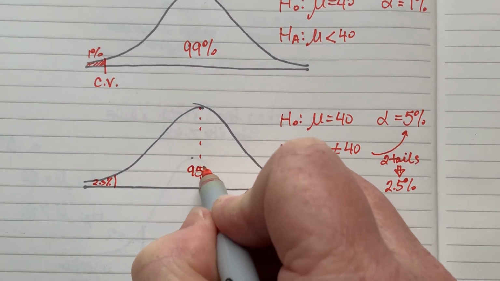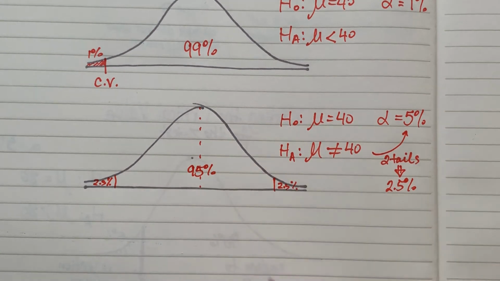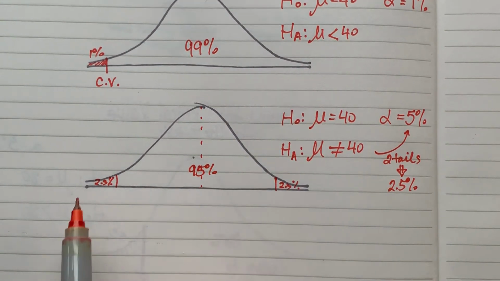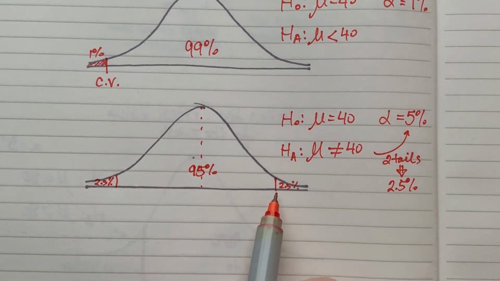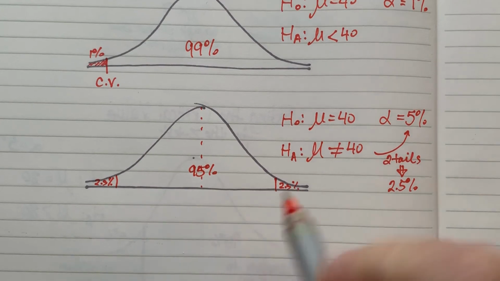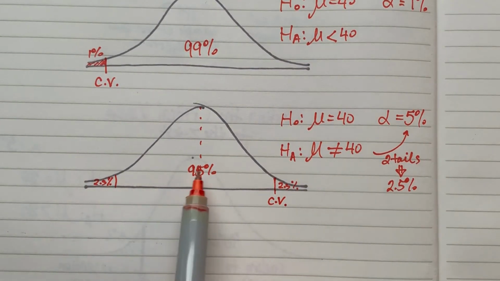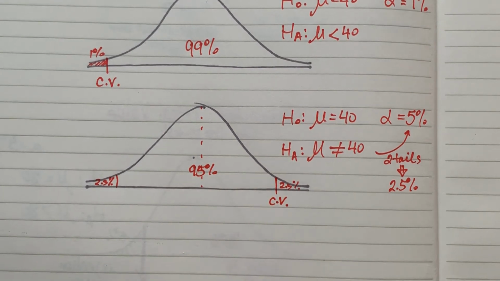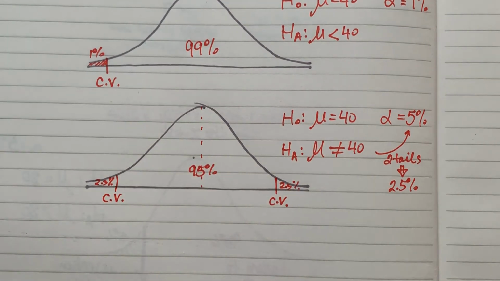Remember, the confidence intervals were about the mean. So the rest of this is 95%. If I'm looking for my critical value in the table now, I either have to look for 0.025, or I have to look over here to this critical value, this CV, which is going to be 2.5 and 95% together, which is 97.5%. And these critical values should be roughly the same thing.